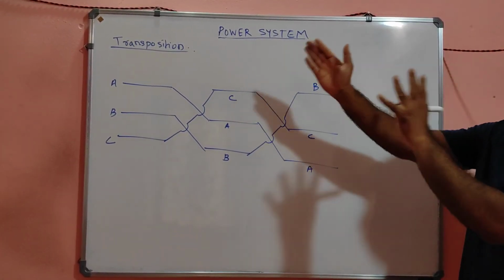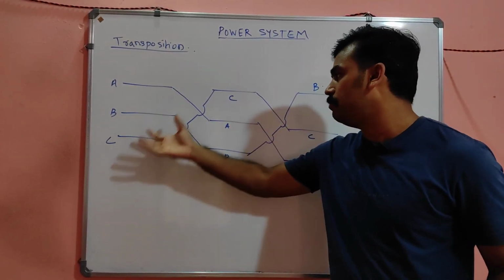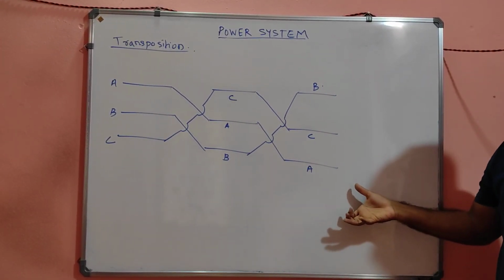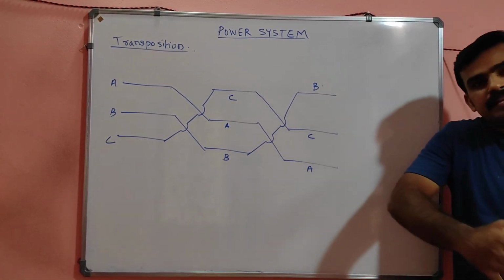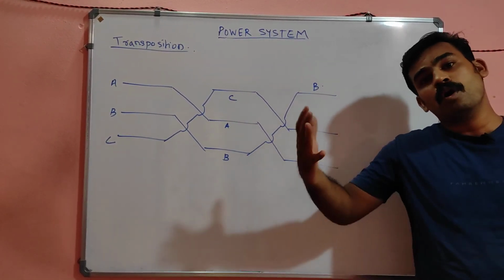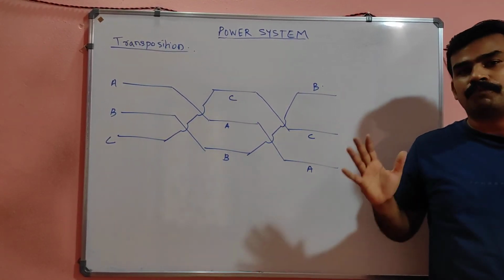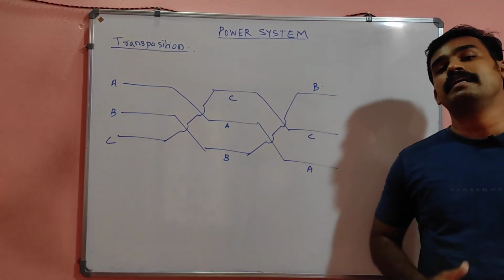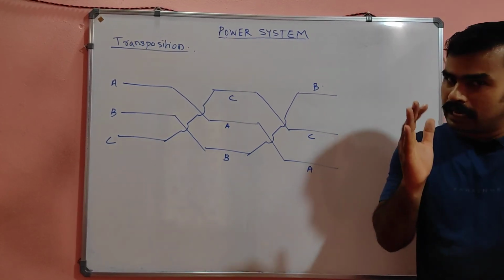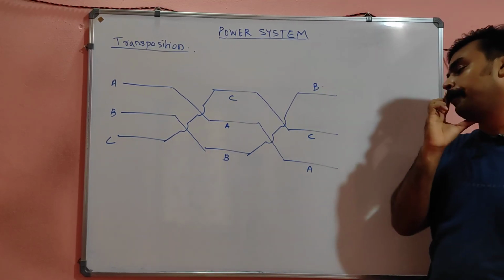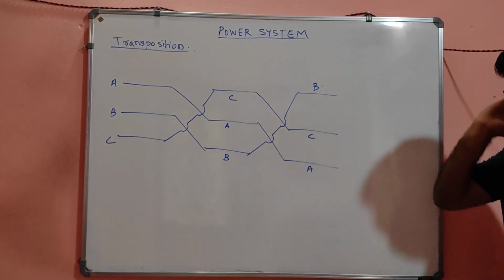So every unsymmetry in some section will be compensated by symmetry in another, again compensated by unsymmetry in another. Likewise, symmetry, unsymmetry, symmetry, unsymmetry, always mixed together, so that the overall inductance will be balanced compared to the unsymmetrical spacing.